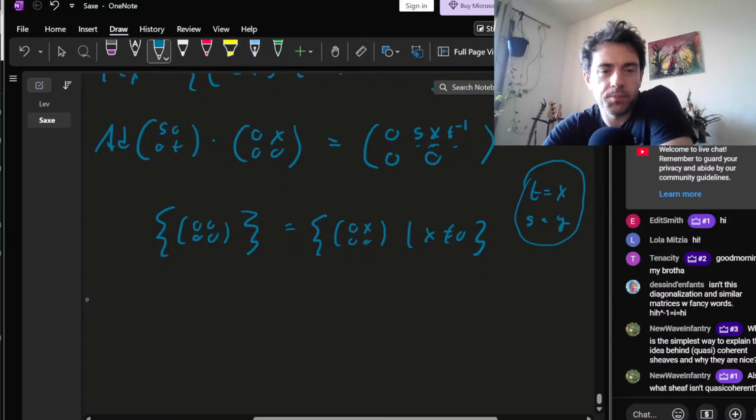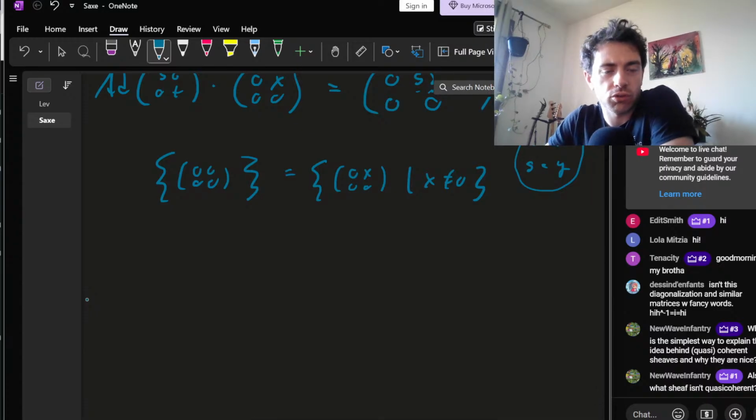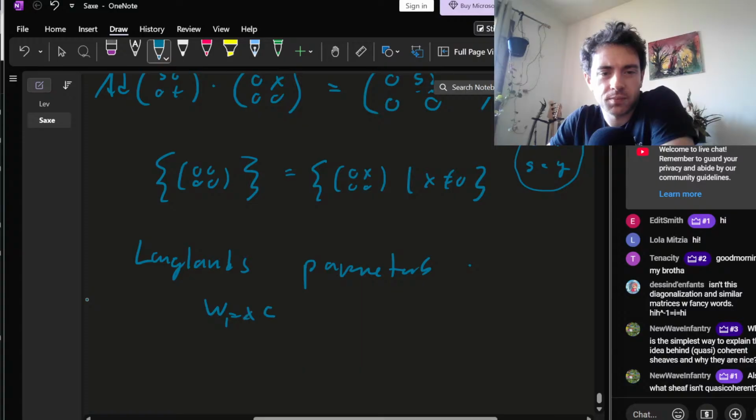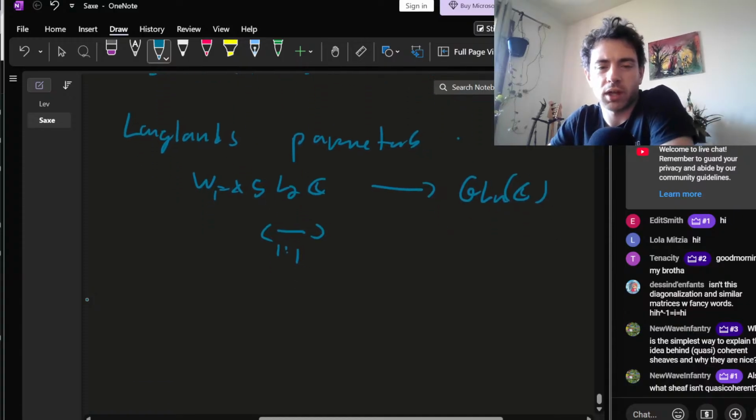So basically, Langlands parameters for GLN are in bijection with orbits in V lambda.